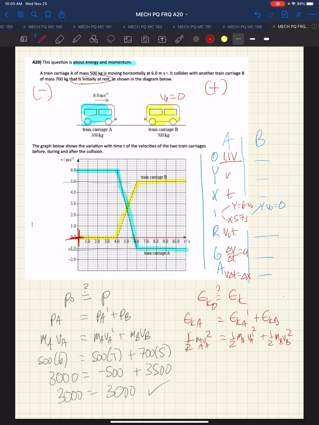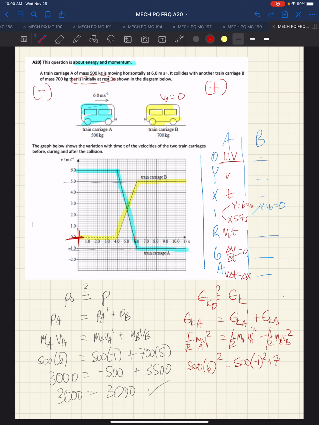Now we notice every term has 1/2 in it, so we can take those out because we're just trying to determine whether they're equal to each other. So our mass of A is 500, and our velocity is 6, so 500 times 6 squared. And afterward, we have the same 500, but the velocity is now -1 squared.